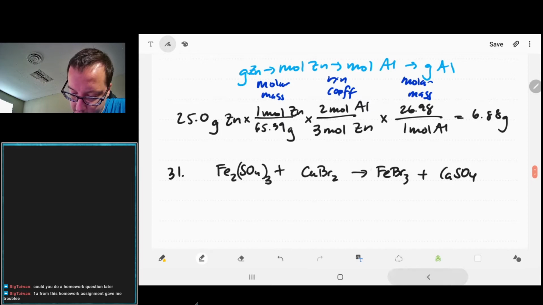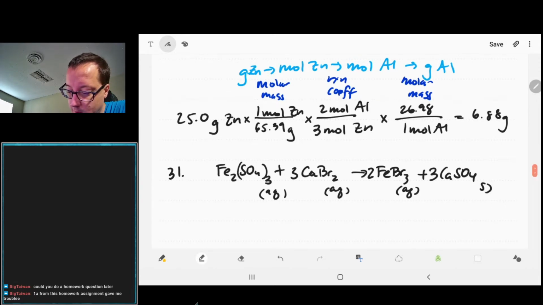To balance this, okay, there we go. This is aqueous, solid. Hopefully we know that the calcium sulfate should be solid.